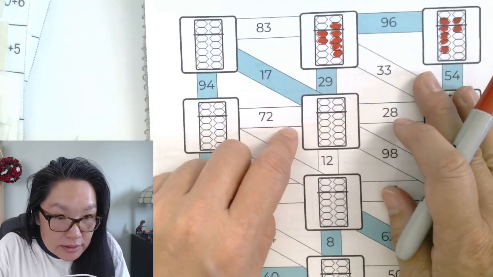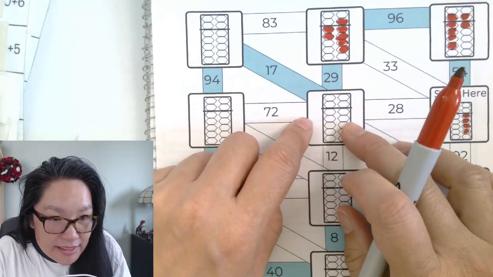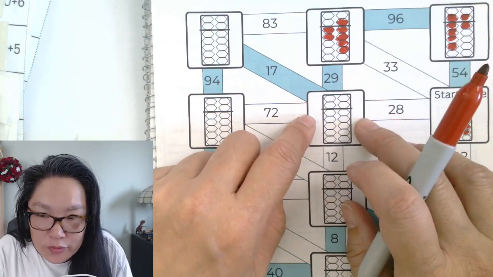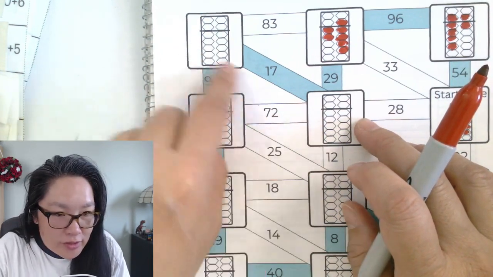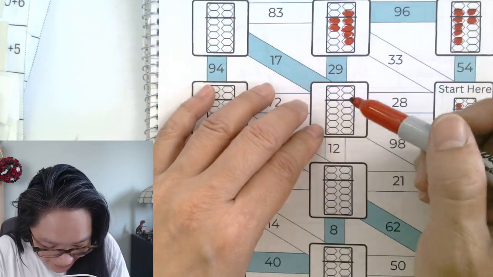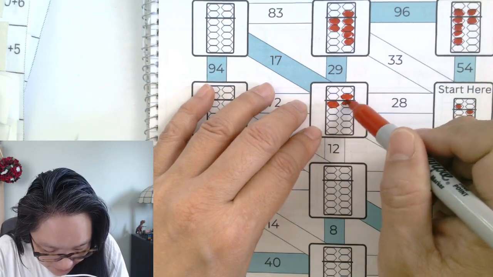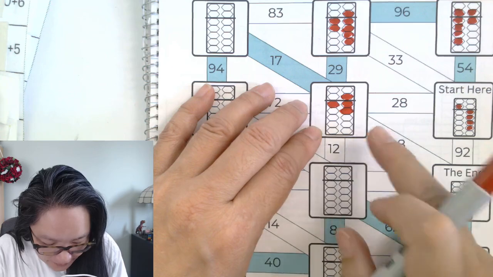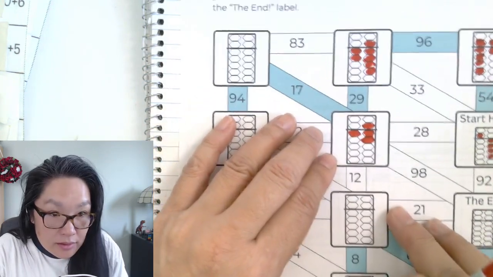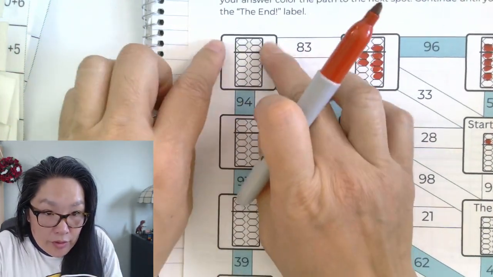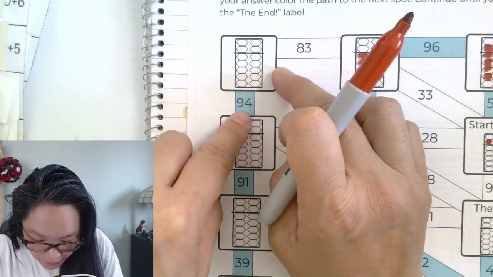What do you think? And then I'm here. It's harder to do it with you guys because it's hard to tell me what the numbers are. But that's what I'm going to do. 17, it looks like this. So then 17's like there, right? And then I'm here. My next number is 94.